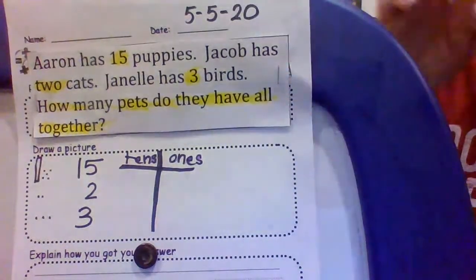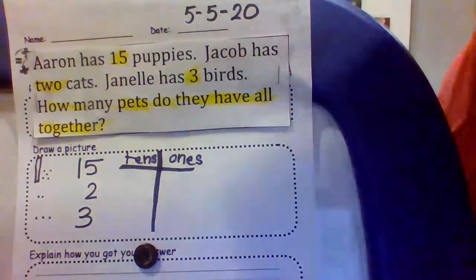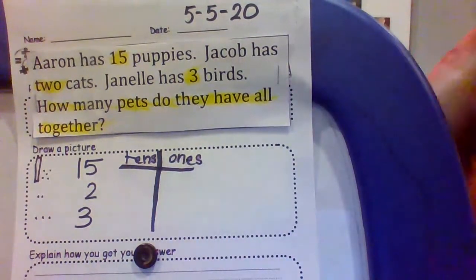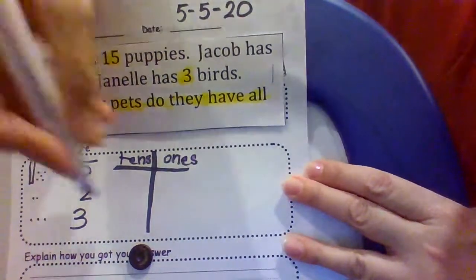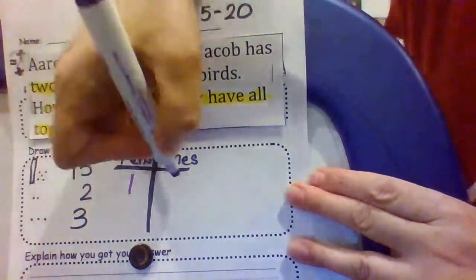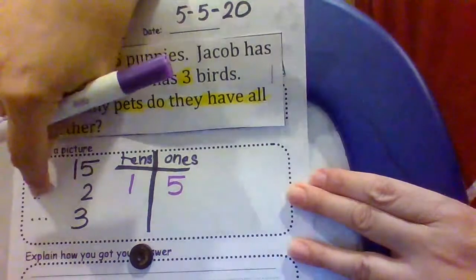Alrighty. I'm just going to switch markers so that you could see the difference. My handy dandy purple. When you look at a number like 15, you would take the 1 ten, put it here on the 10 side, and the 5, and you have 15. 2 is just 2.